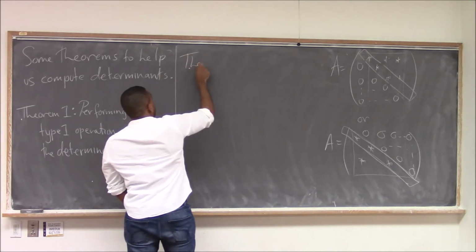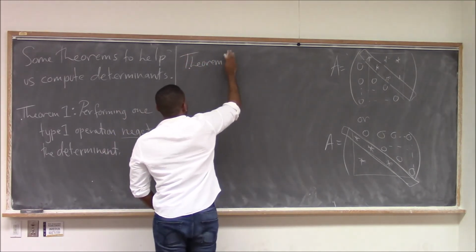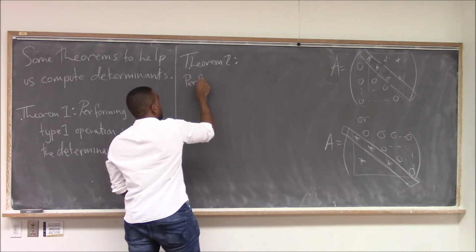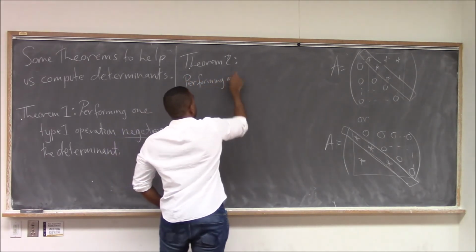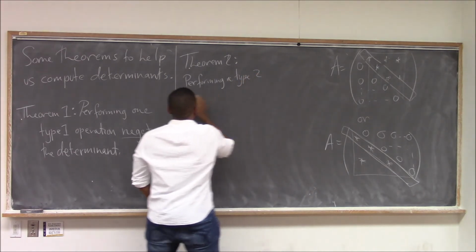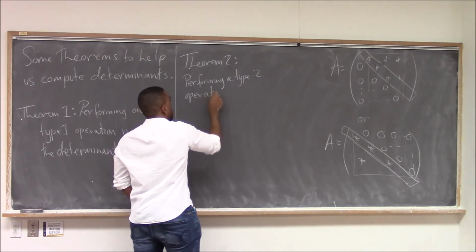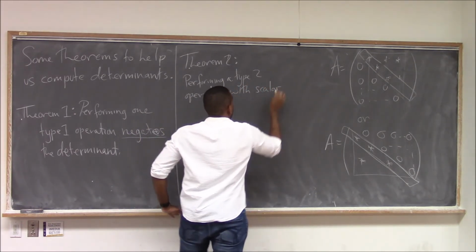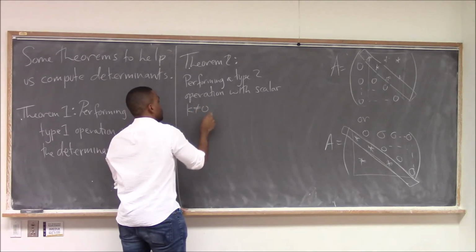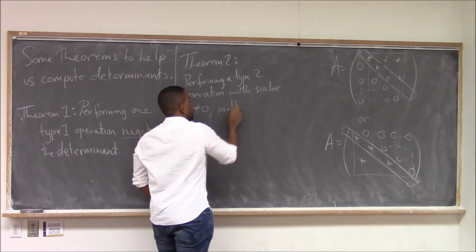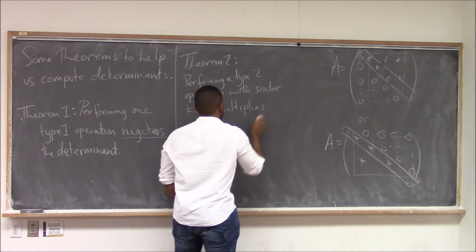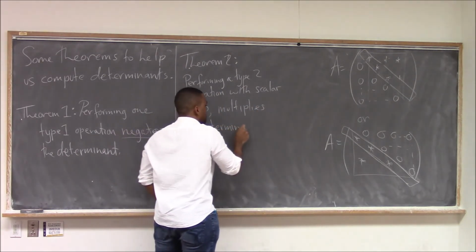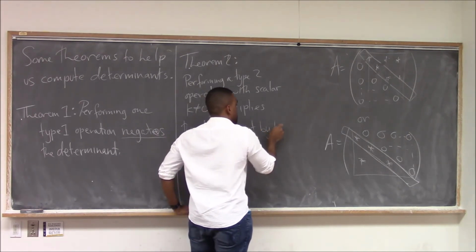Here's another theorem. Theorem 2. Performing a type 2 operation with scalar k not equal to 0 multiplies the determinant by k.